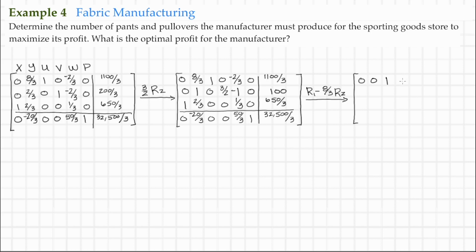And 0 minus 4 is -4. -1 times 8/3, that's -8/3. -2/3 minus -8/3, or in other words, -2/3 plus 8/3, that's 2. 0, 0, and 0. Bring down the vertical bar. 100 times 8/3, that's 800/3. 1100/3 minus 800/3, that's 100. Close off the bracket, and we fill in the rest.